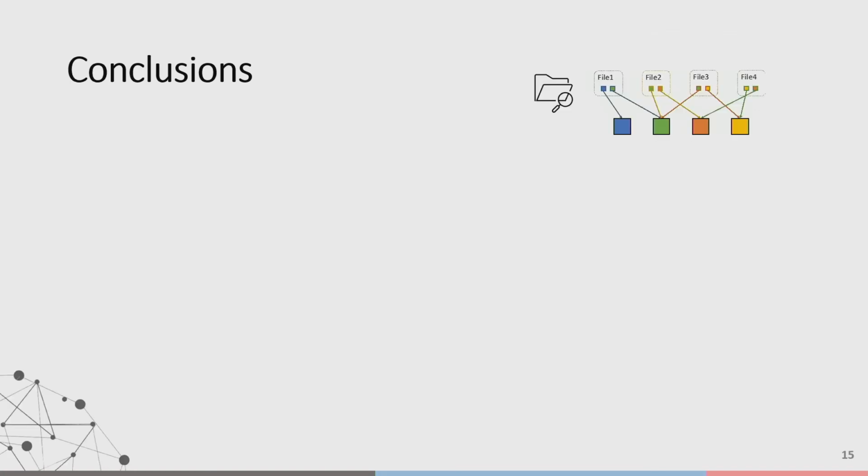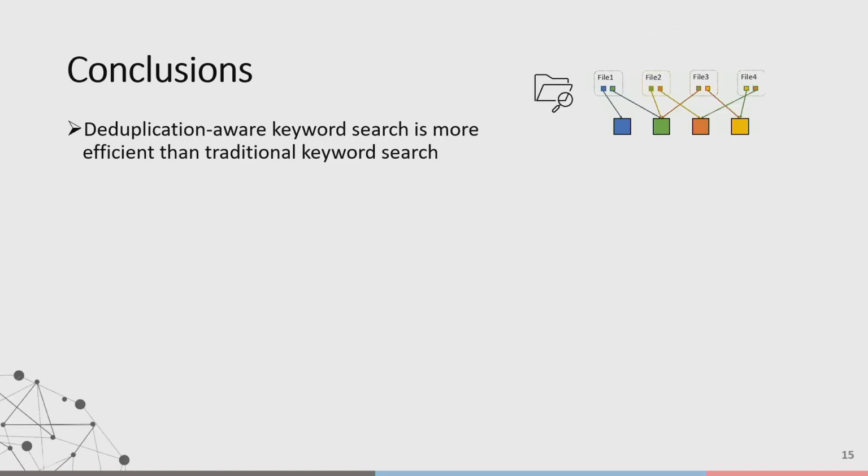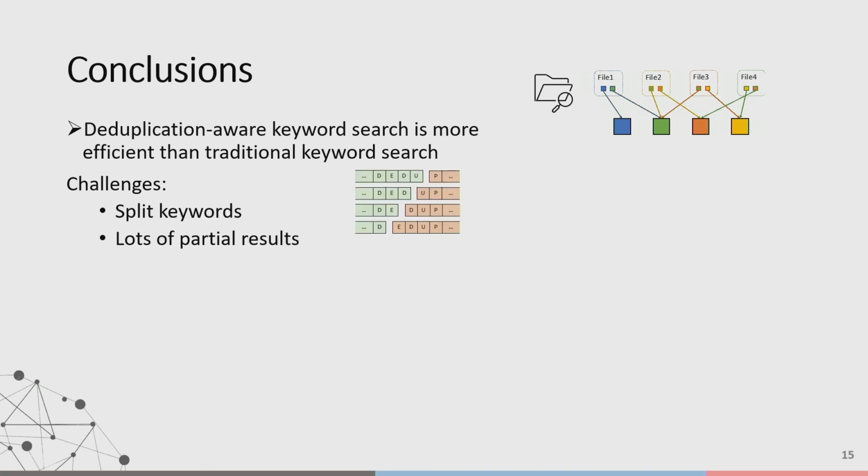So to conclude, we saw here that deduplication-aware keyword search is much more efficient than traditional keyword search. This is the main conclusion of our work. And we had some challenges. We had keywords that might be split between adjacent chunks, and lots of partial results coming out of this.